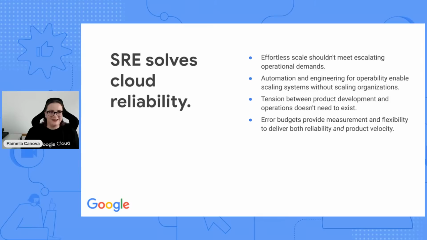It's important also to bring the tension down between development and operations. As I said, bring down that wall between them. And we can use error budgets to bring some flexibility so we can have reliability and also velocity in building new products.